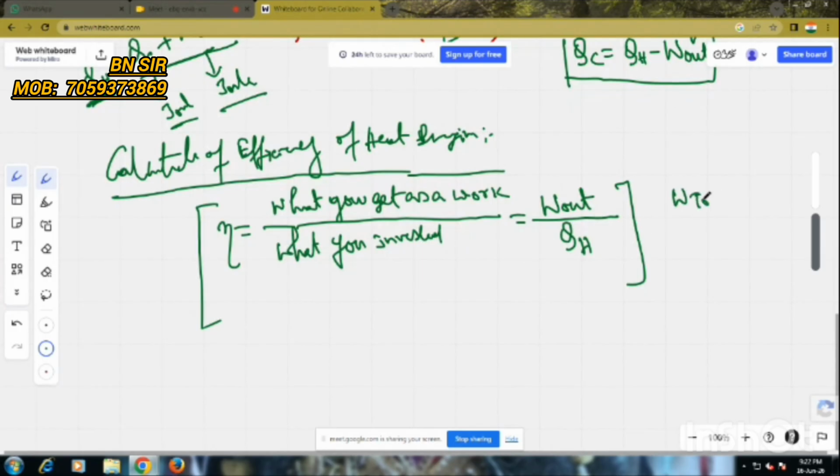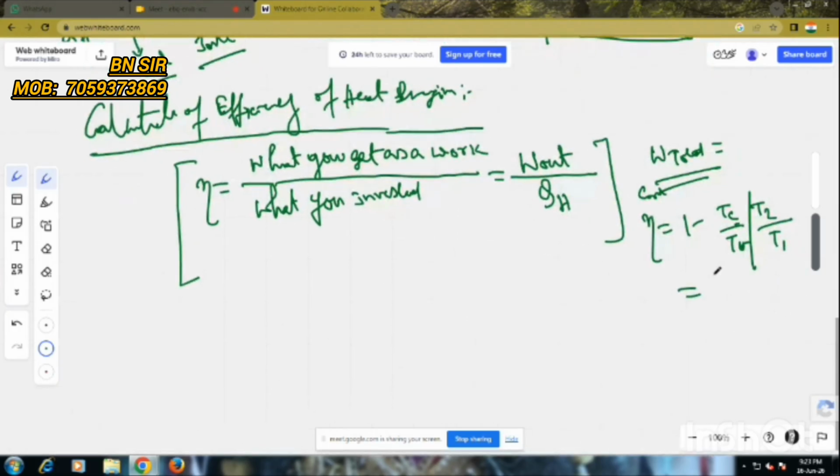If we compare with the Carnot theorem, the same concept we have already read previously, eta is equal to 1 minus Tc by Th, where Tc and Th are also represented as T2 and T1.